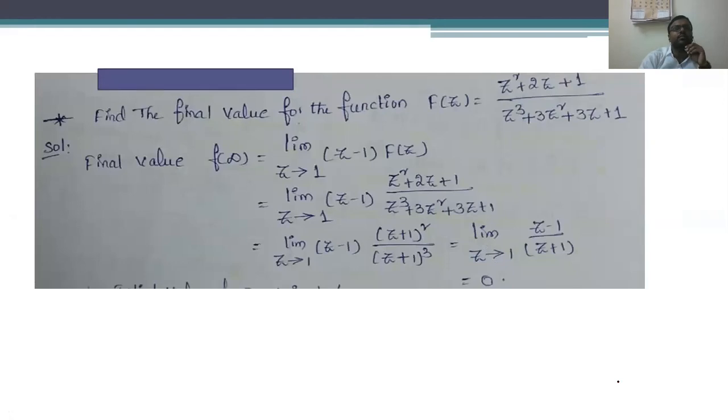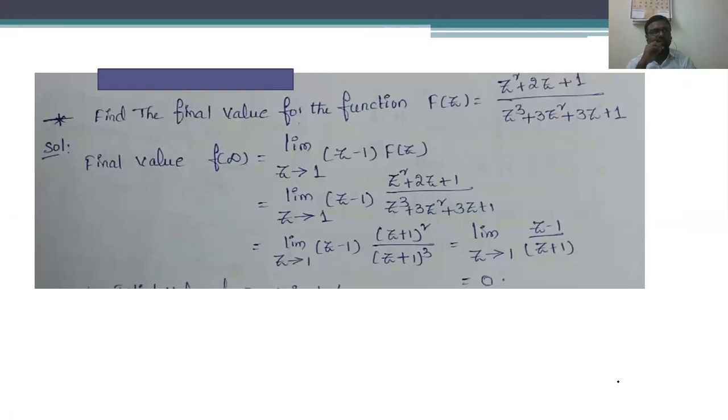Find the final value for the function f of z is equal to z square plus 2z plus 1 divided by z cube plus 3z square plus 3z plus 1. Okay.